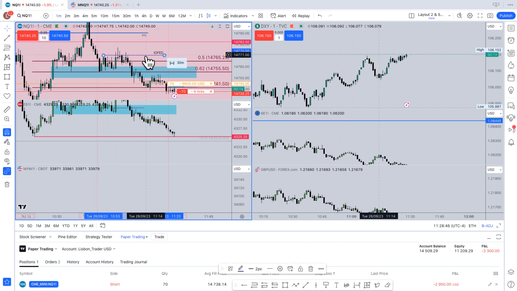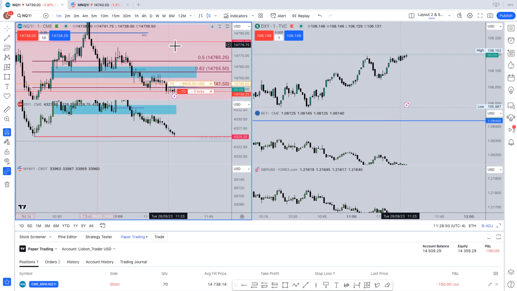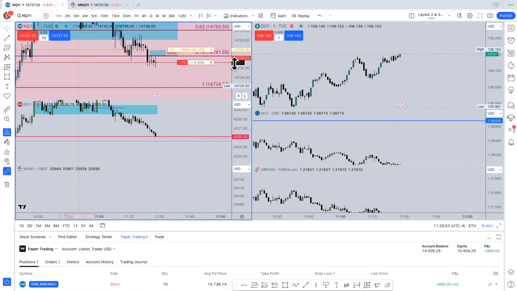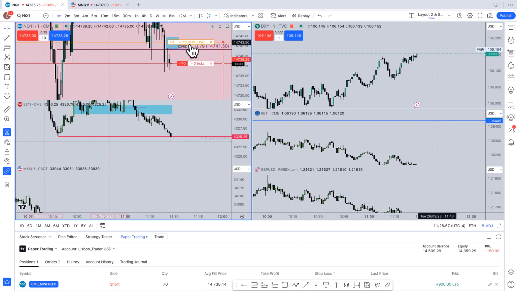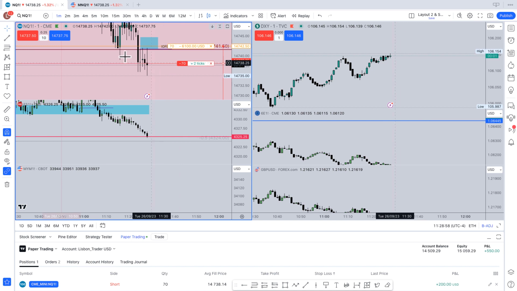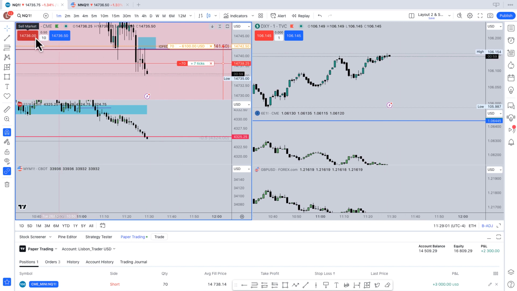It's not an IOFED. Okay, let's trust this institutional order flow anti-drill and go lower, risking 10k.